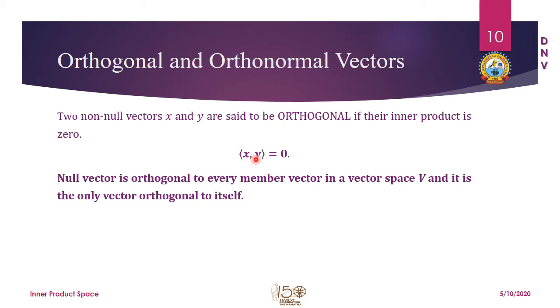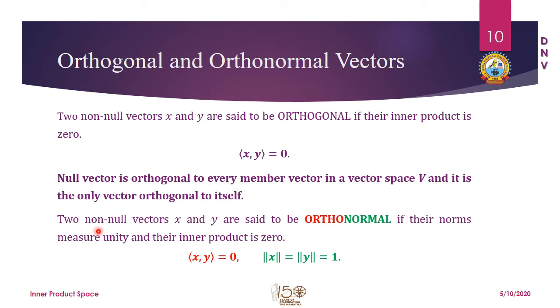The inner product of 0 with 0 is always 0. So it is very important to note that the null vector is orthogonal to every member including itself.